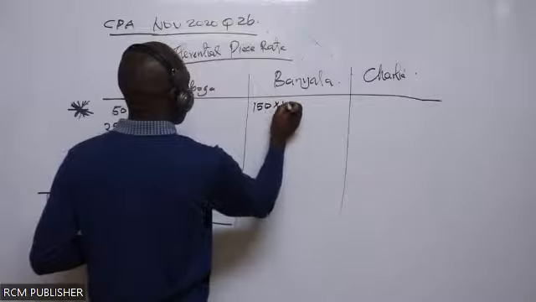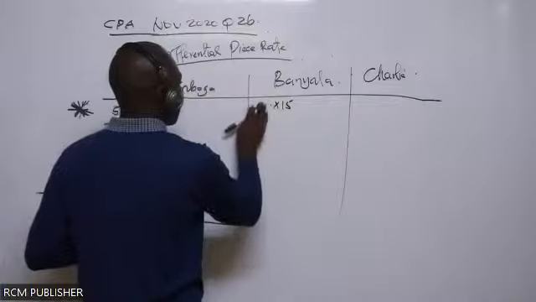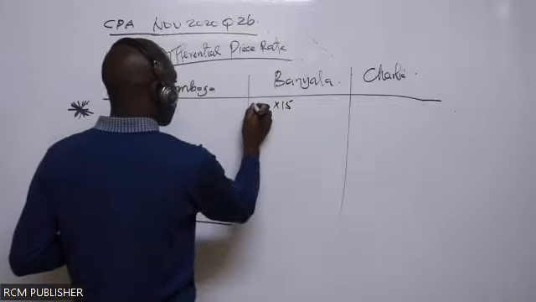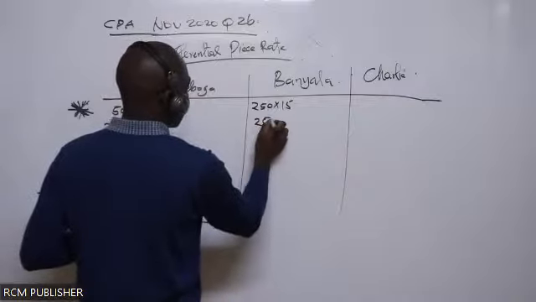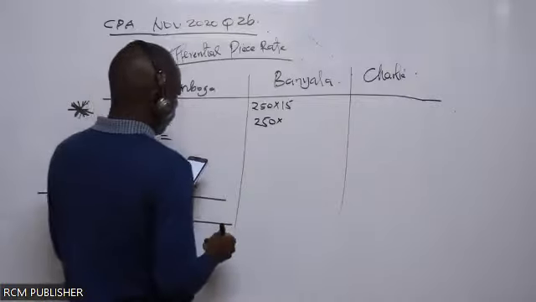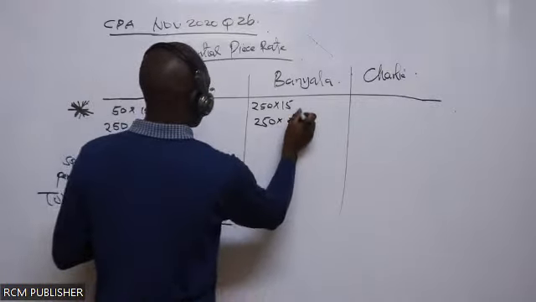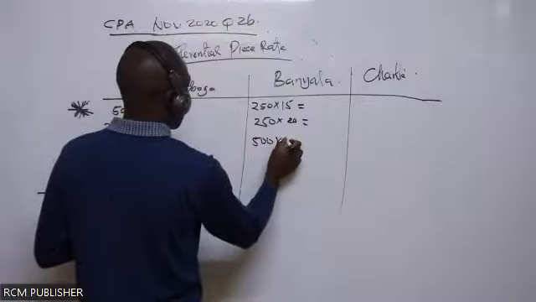We multiply by 15. Then we again move to the second batch because the total production is 1,800. We multiply by 20. The third batch, we have 500 at 25.